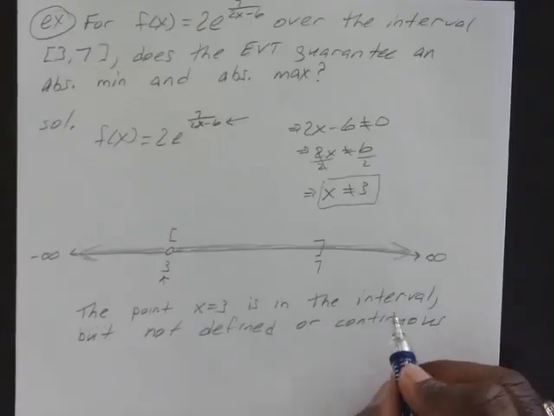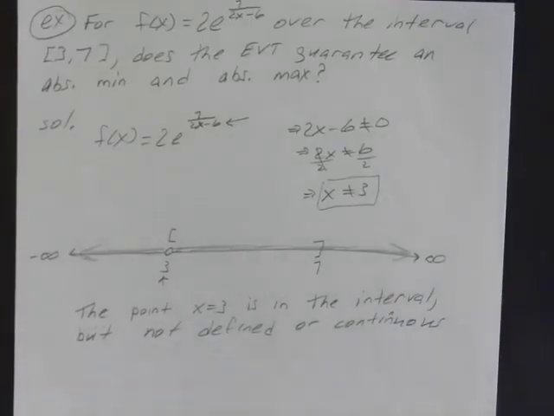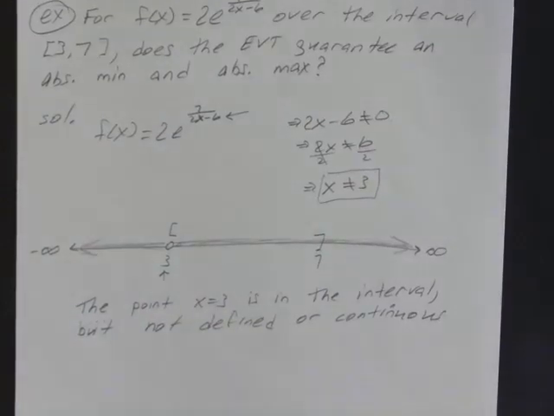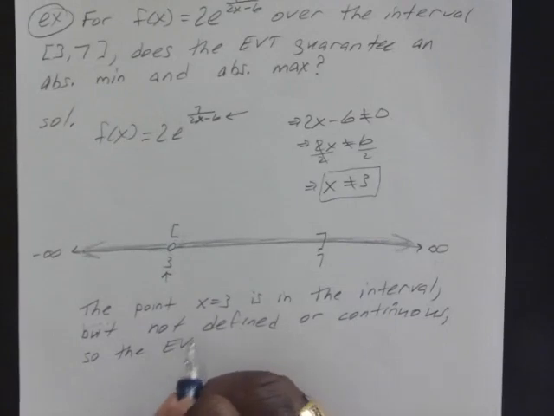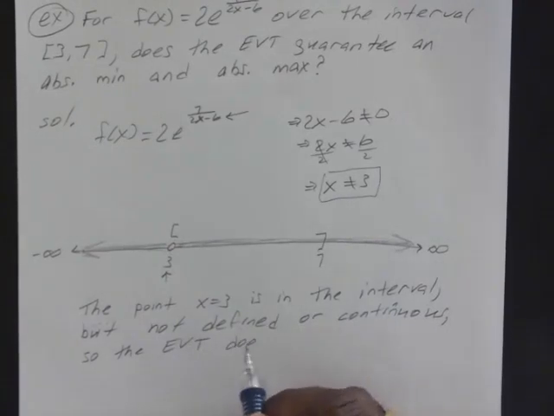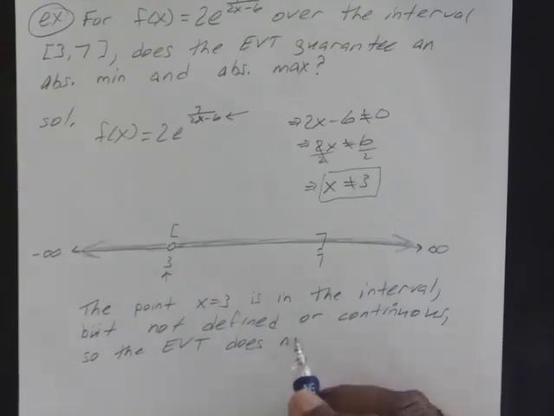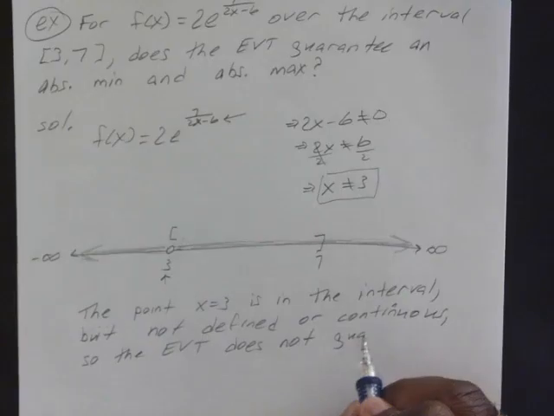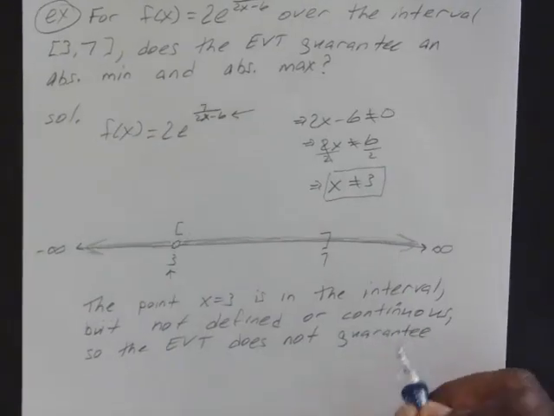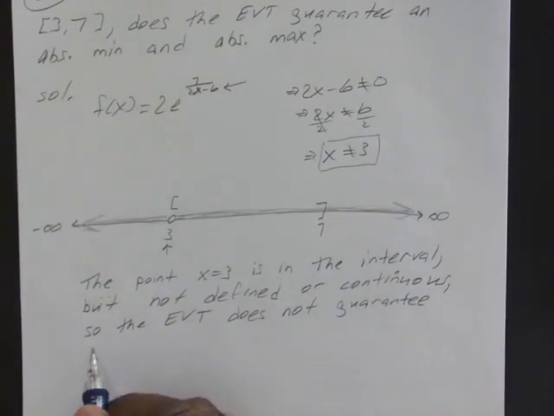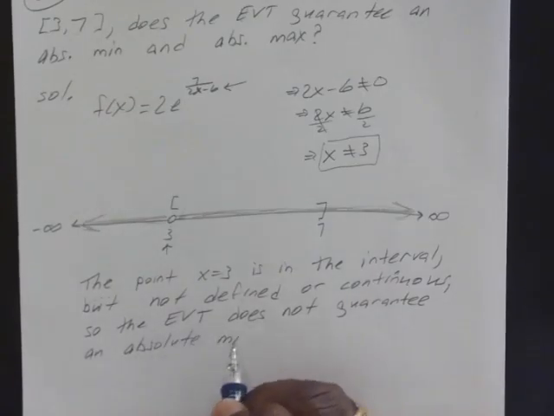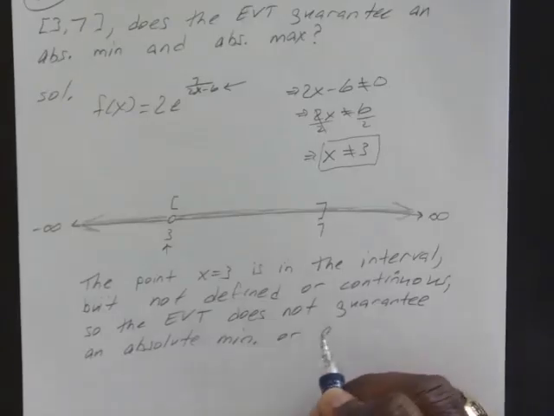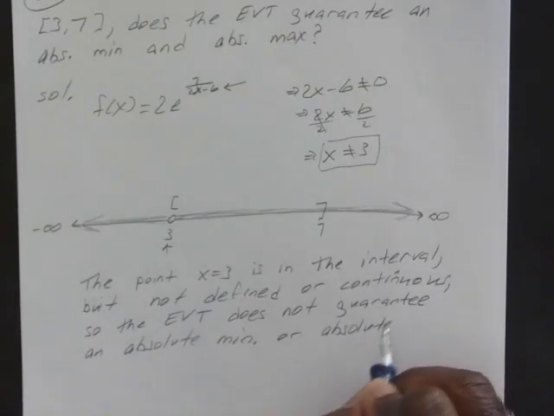We're more concerned about continuity since that'll give us whether or not it's defined. So we know the extreme value theorem does not guarantee an absolute minimum or absolute maximum.